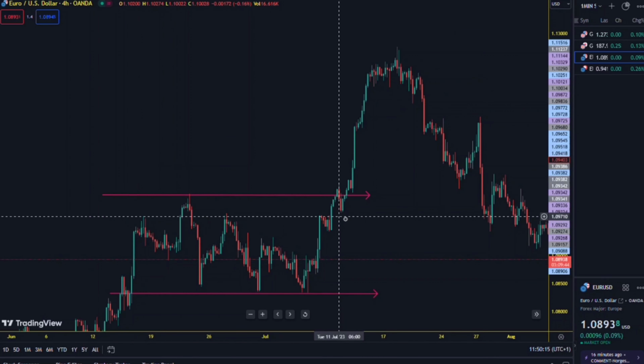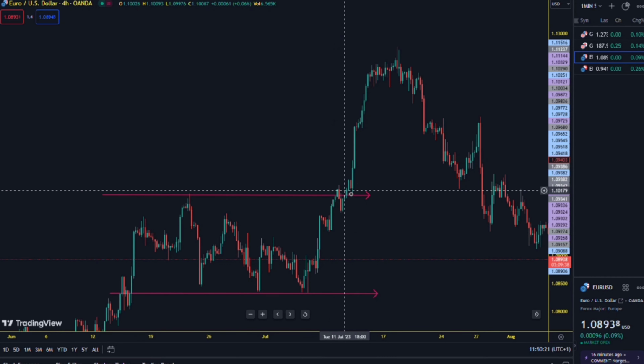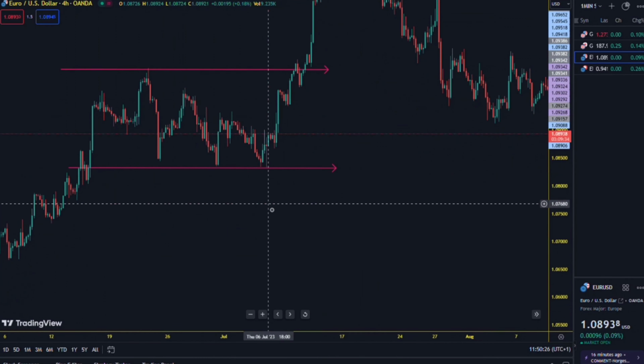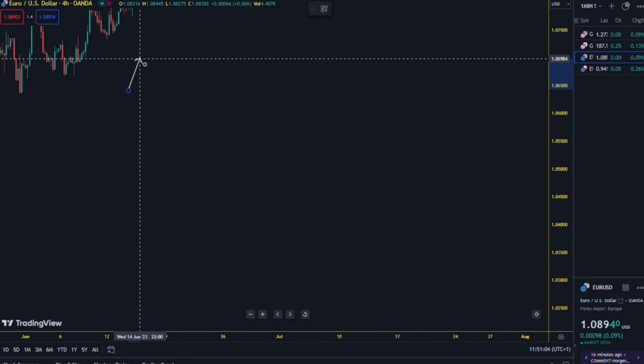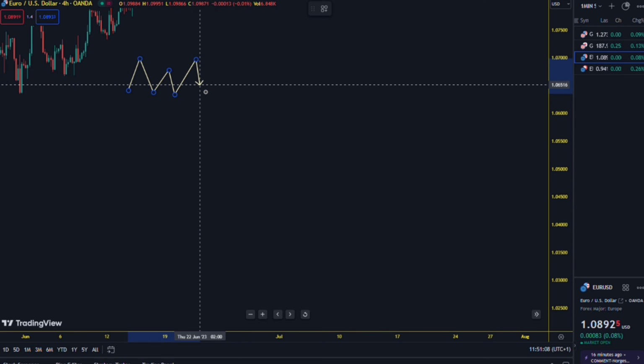And this is the phase that we call the trending phase. You can see price moved out of that range and continued to fly to the upper side. It can also move all the way to the downside and continue to push down. So in the diagram, you're going to have something like this.